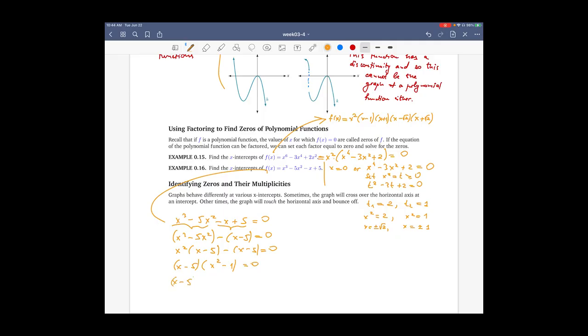Factoring, we get x minus 5, x minus 1, x plus 1. So the zeros are 1, -1, or 5.